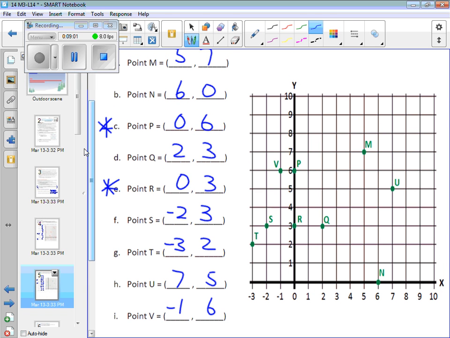Leading into a little bit more of what you're going to do today. Point M is in what quadrant? Now understand they haven't given you the whole entire thing, so you've got to kind of visualize. Point M, Dan. Quadrant 1. Come get a ticket. Point T, as in Thomas.